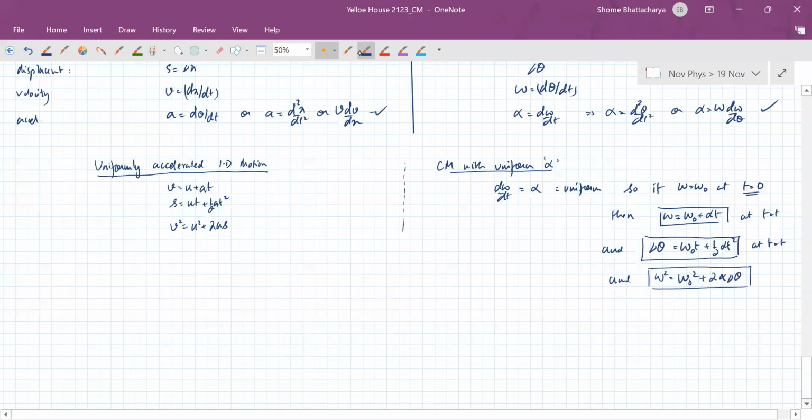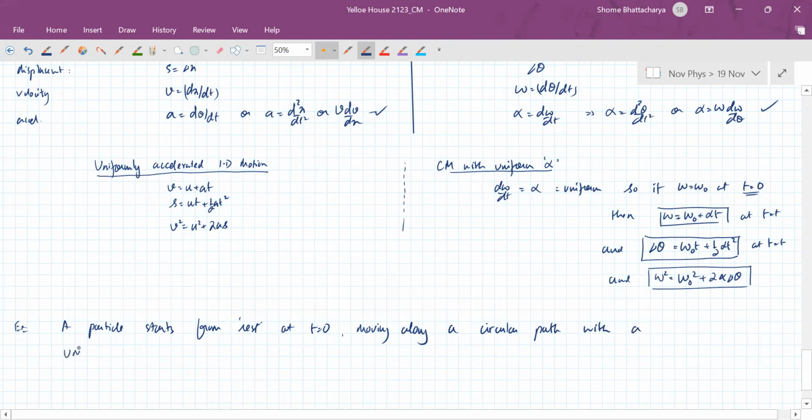Okay, so now let's look at a question based on this. A particle starts from rest at time t equal to 0, moving along a circular path with a uniform angular acceleration, let us say pi by 9 radians per second square.